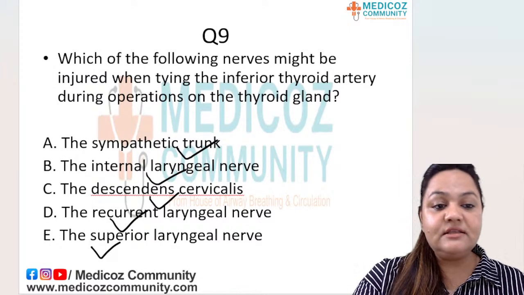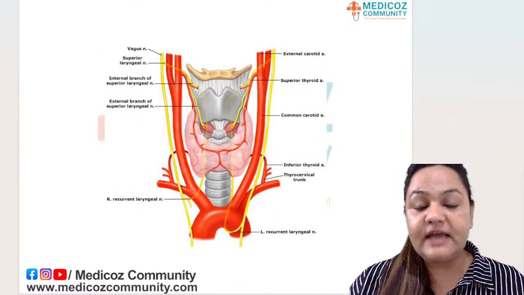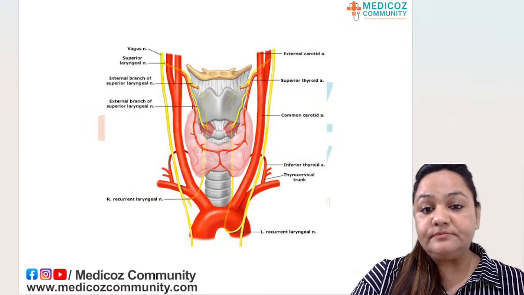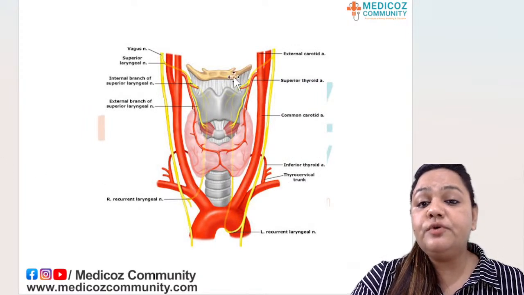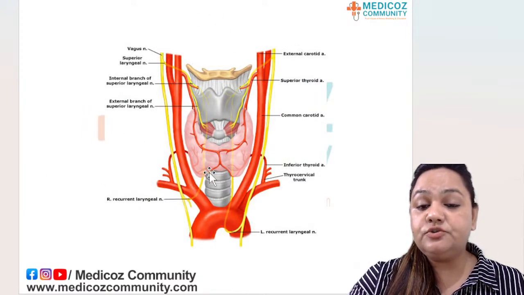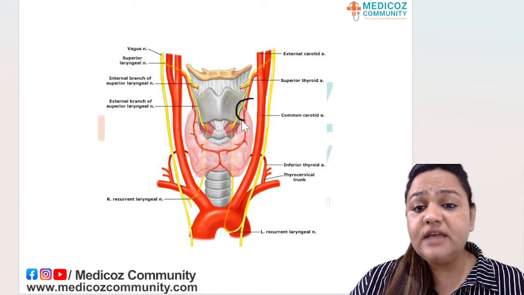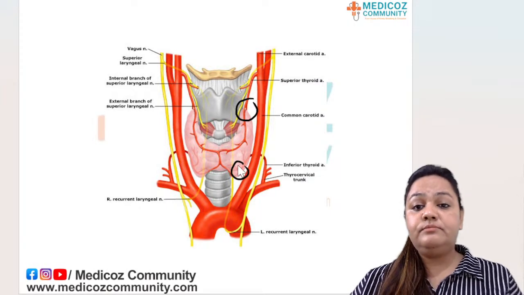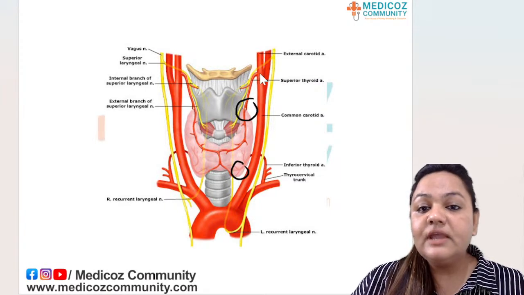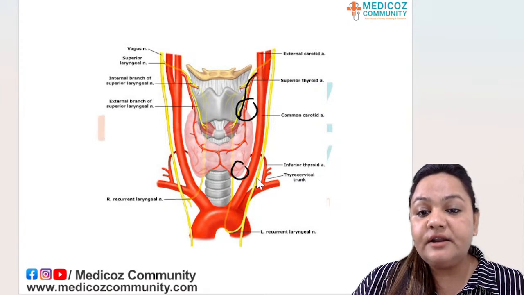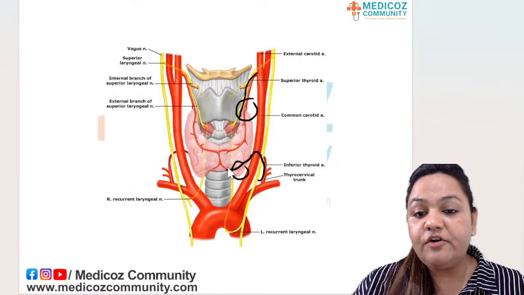Okay, so to understand this, we just have to look into this diagram. Here we have the diagram which is showing the relation of artery and nerve related to your thyroid gland. So here, this is the upper pole and this is the lower pole of the thyroid gland. Here we have the superior thyroid artery, and here we have the inferior thyroid artery which is going posterior to the inferior lobe.